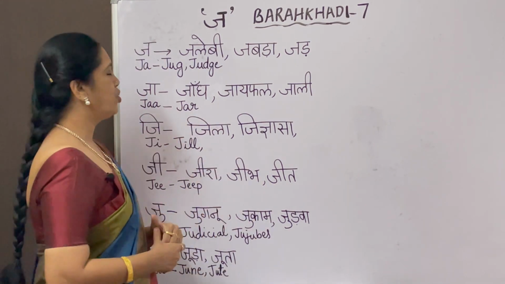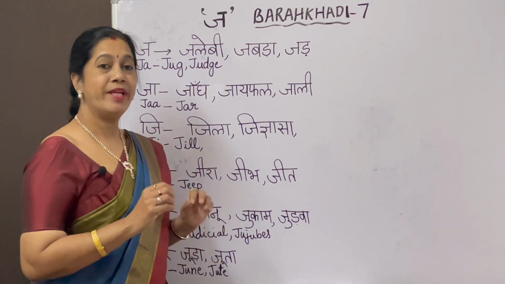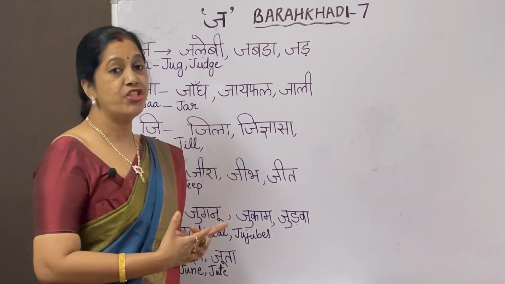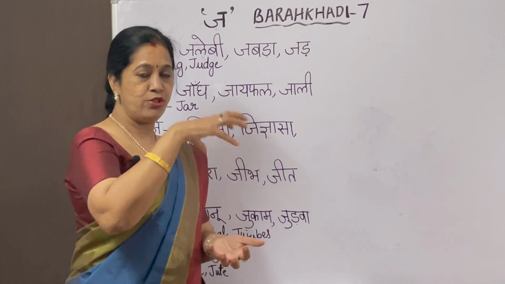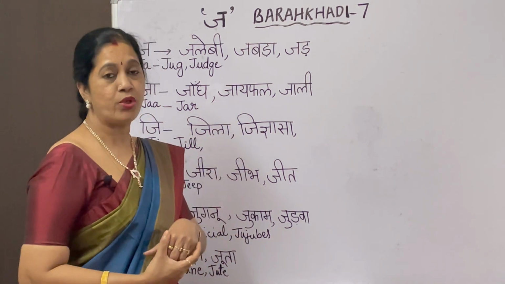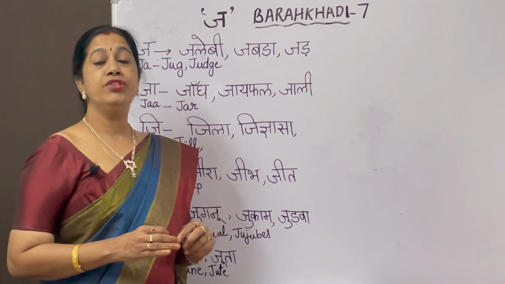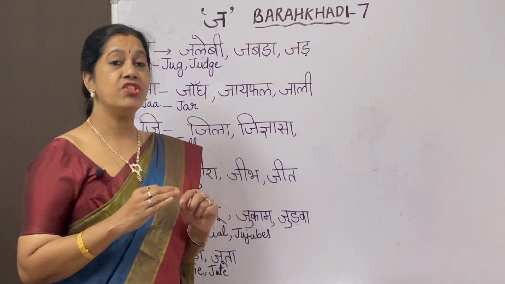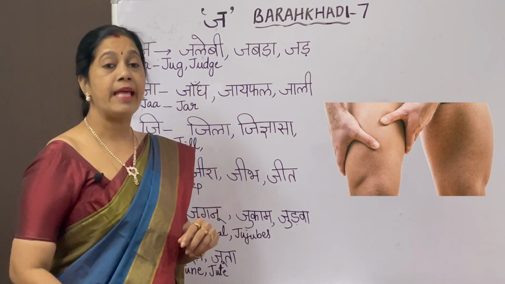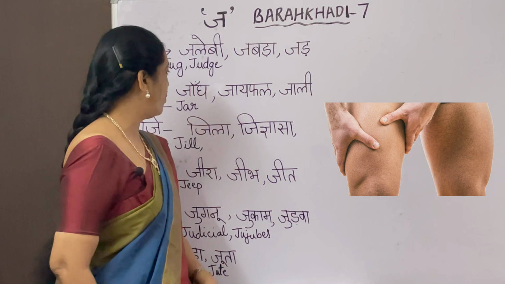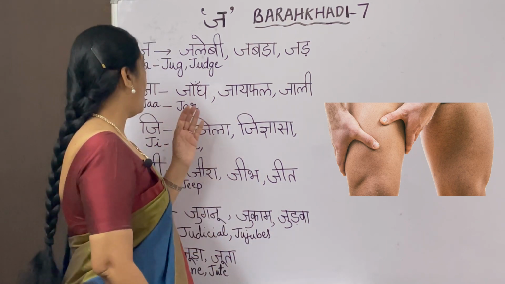The next one, jar. J-A-A, like how in English we say jar, the jar in which you store things. Now the next word is jang. Jang means thigh, T-H-I-G-H, one of your body parts.